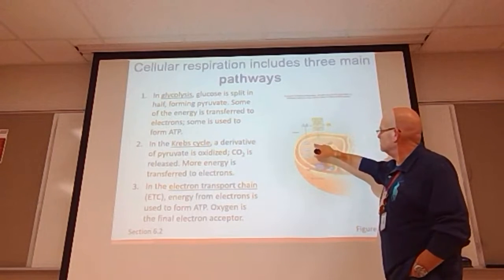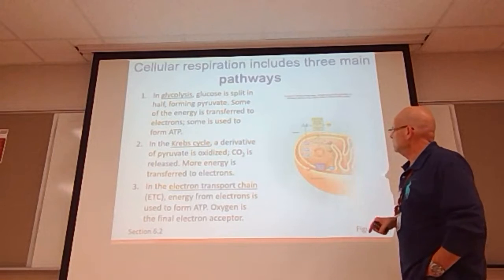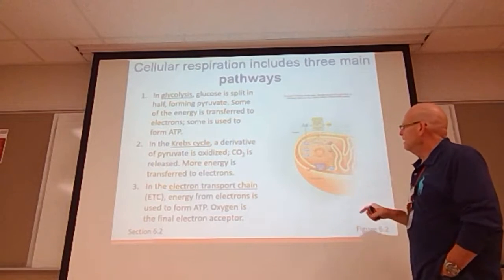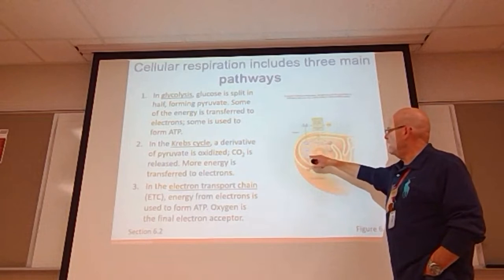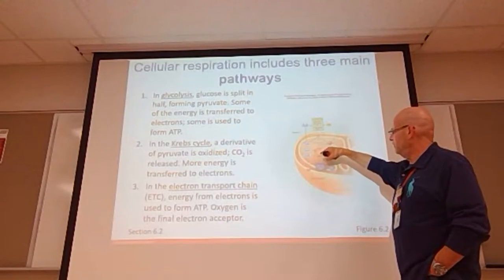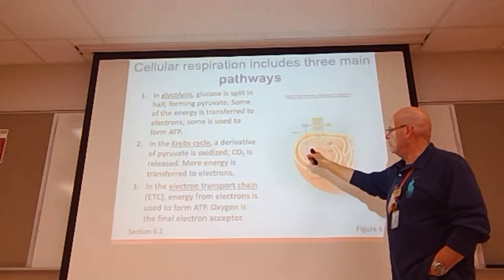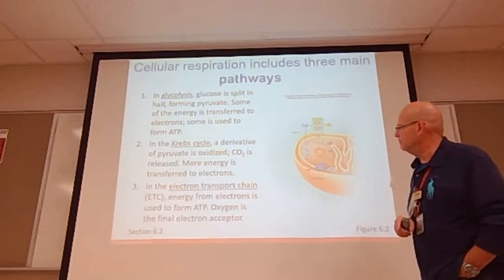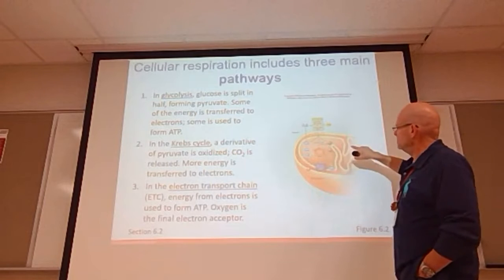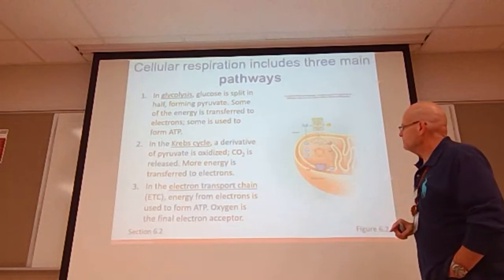You've got two acetyl coenzyme A's, which are going to go into the Krebs cycle, and then there's a little CO2 waste material. Now we're going to take these NADHs. They're going to go into the Krebs cycle along with the acetyl coenzyme A. You see the arrow pointing that way, so some NADH is being produced. You also see some more CO2 being produced, and you get some ATP.